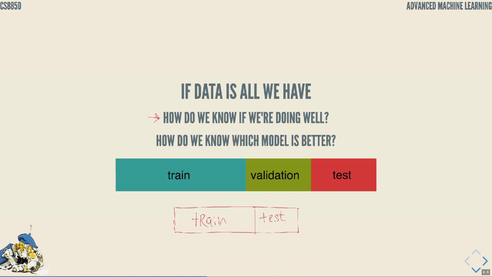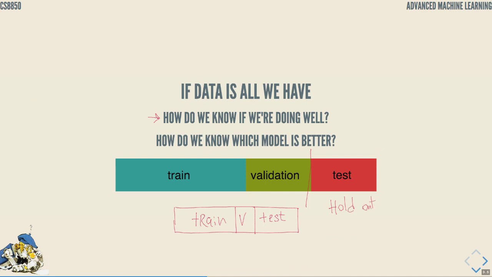Since we can't use either train or test for hyperparameter setting, people usually go with this third subdivision, validation. So the test set is also usually called a holdout set.